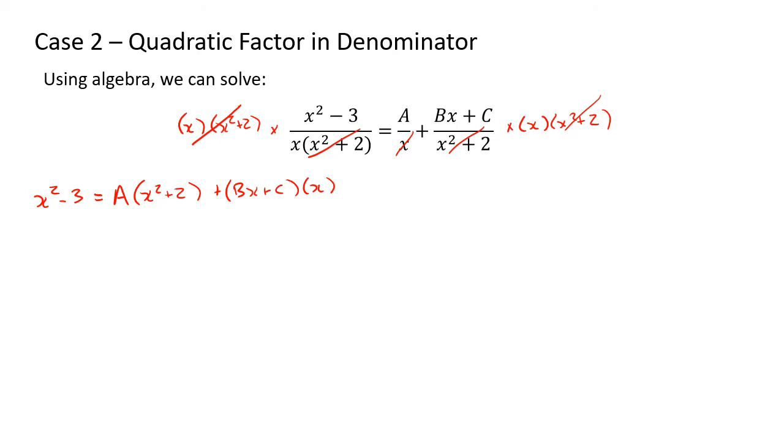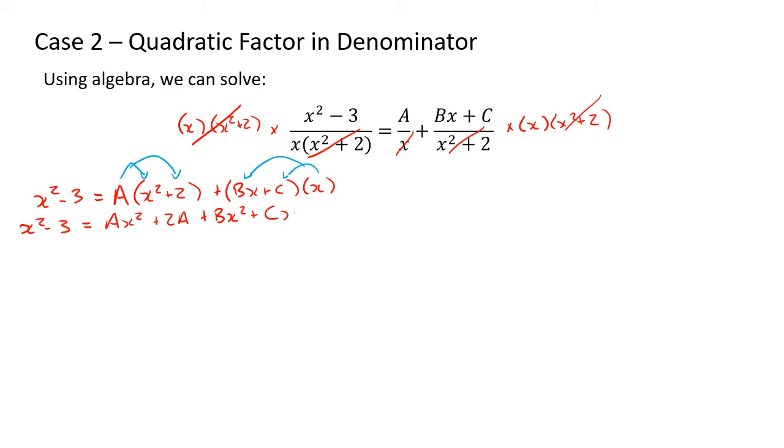So unlike what I did previously where we left the brackets, I'm going to expand everything out. So I'm left with x squared minus 3 is equal to ax squared plus 2a. That is simply by distributing the a. And doing the same thing to distribute this x in, we have plus bx squared plus c times x.